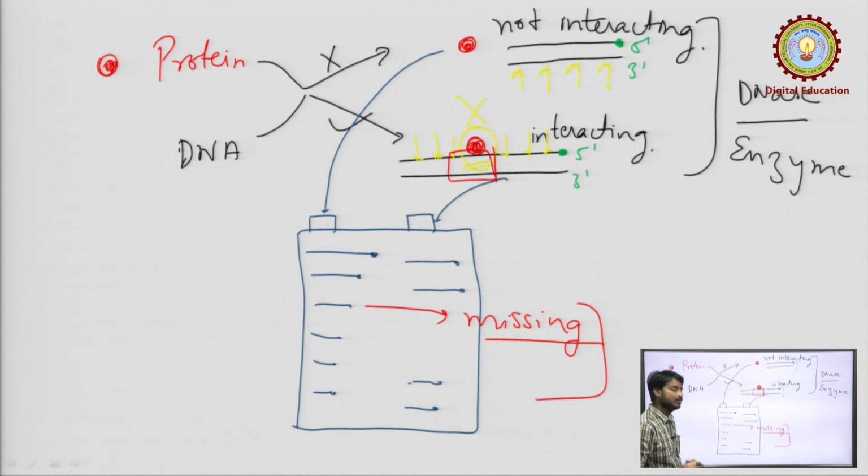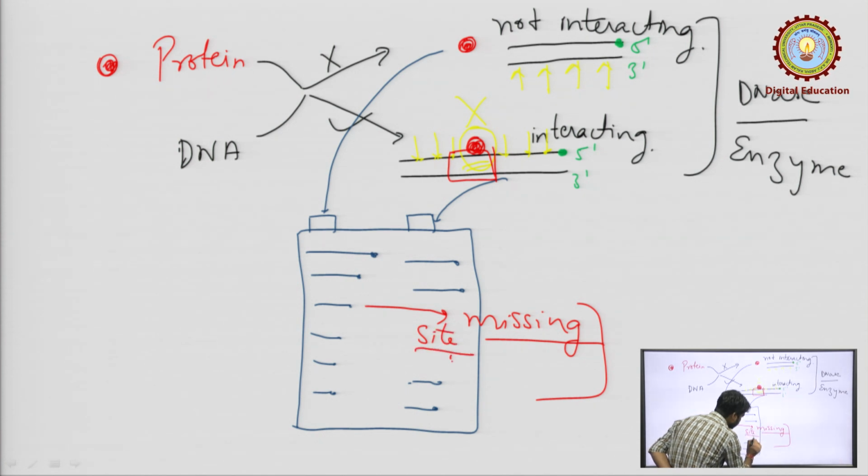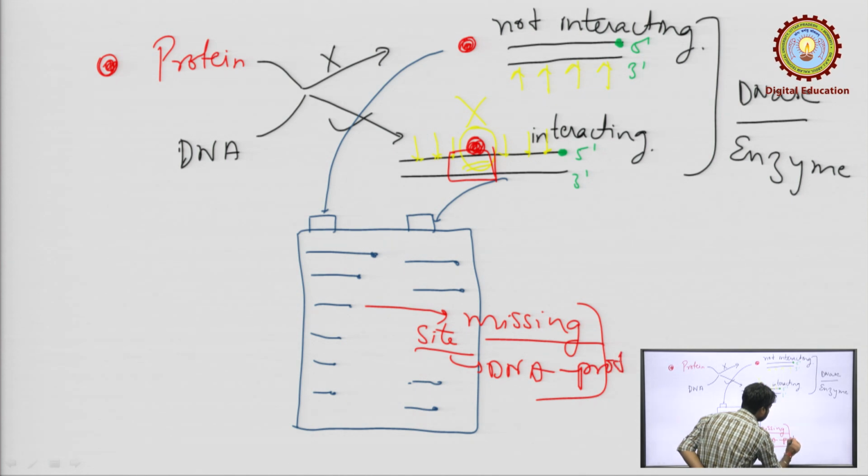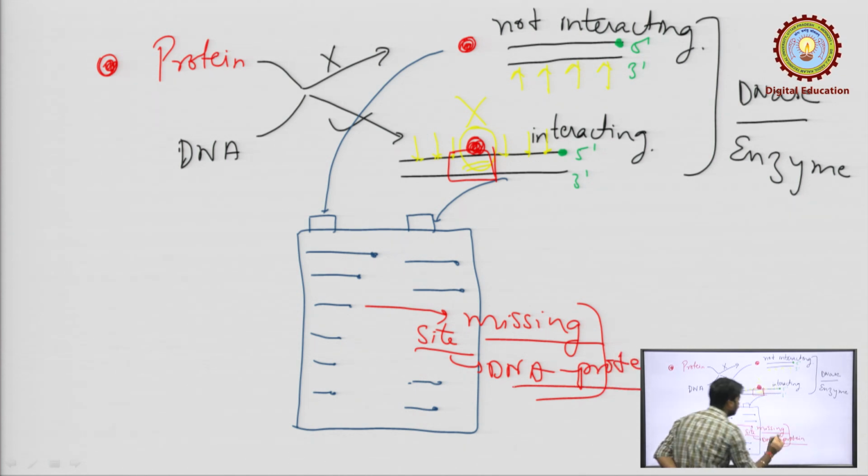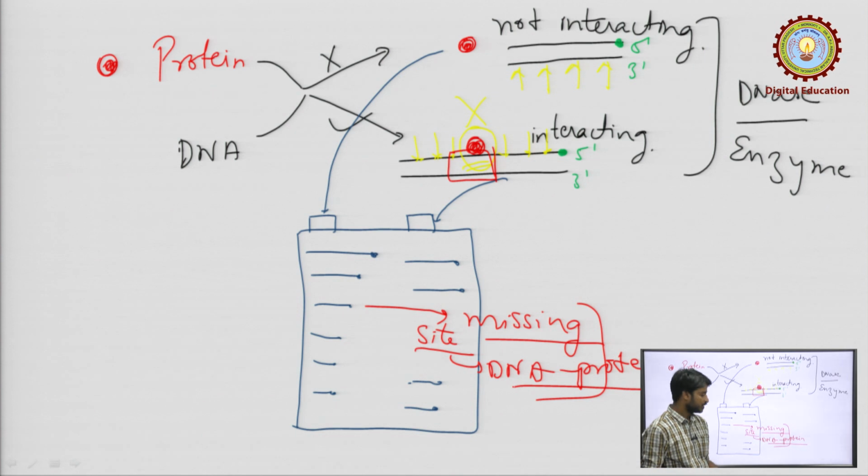From this we will analyze that this is the site where DNA is interacting with our protein. We will find this with the help of the radio label, and at which sequence our protein is interacting with our DNA.